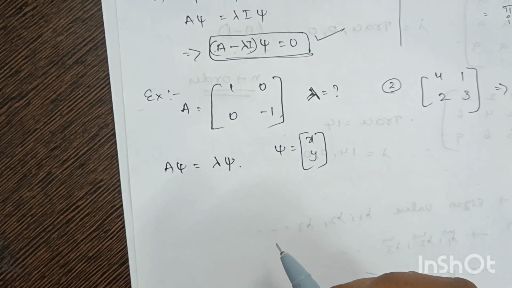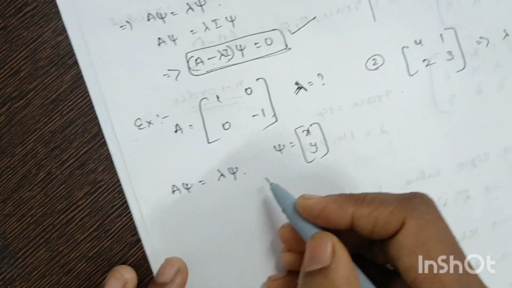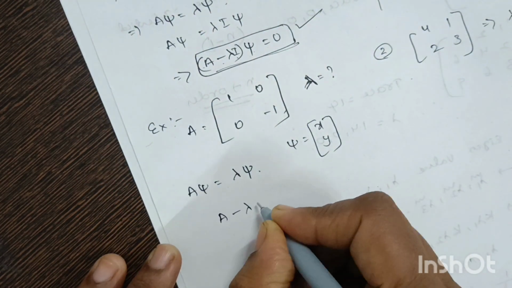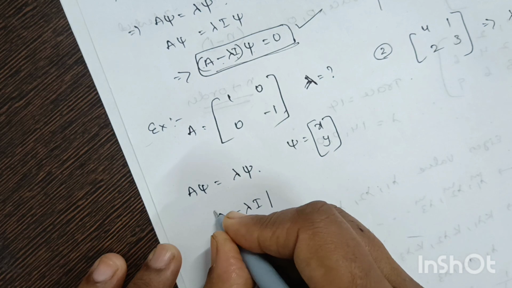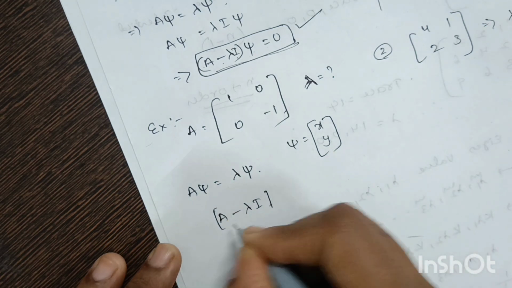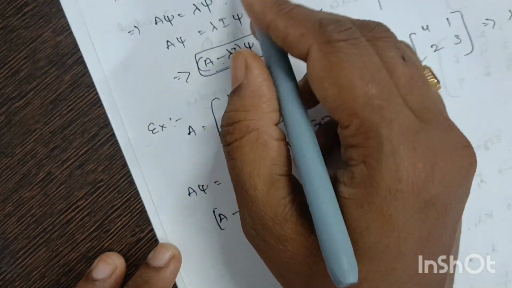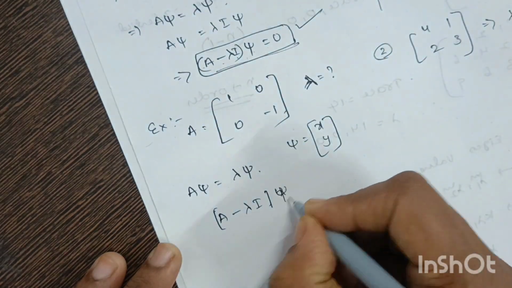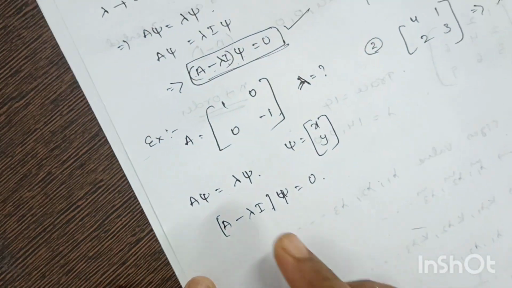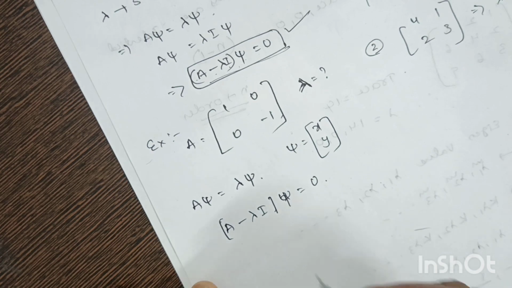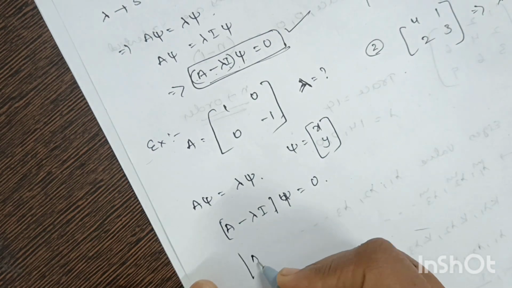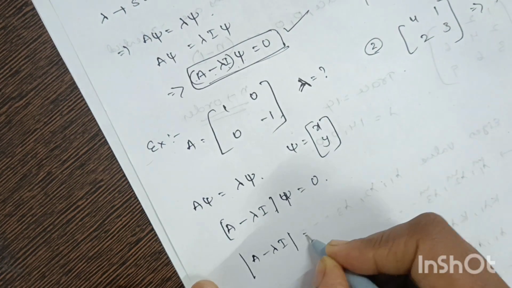For this, (A minus lambda I) times psi is equal to 0, so det of (A minus lambda I) is equal to 0.